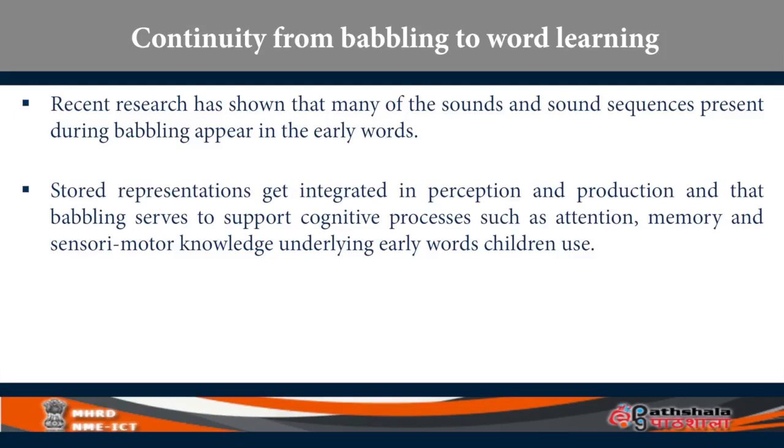So the cognitive processes like attention, memory, and even sensory motor knowledge, the moment the child becomes a toddler, 2 years, starts walking out of the house, the language comes out. So the sensory motor knowledge, the memory, the attention, all these processes impinge on the way sounds are acquired and used meaningfully within words by children. So in other words, there is an interaction between phonology and lexicon.